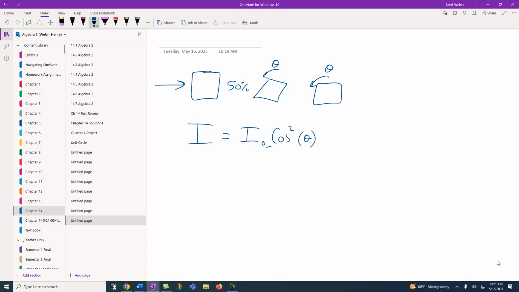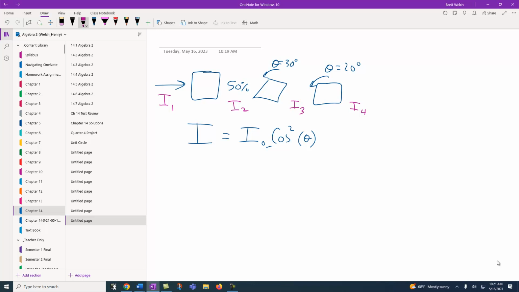Let's give ourselves some numbers. Say this is 30 degrees and this is 20 degrees of rotation. To make my life easy, I will call this I1, this I2, I3, and I4, so I can identify which point I'm talking about.